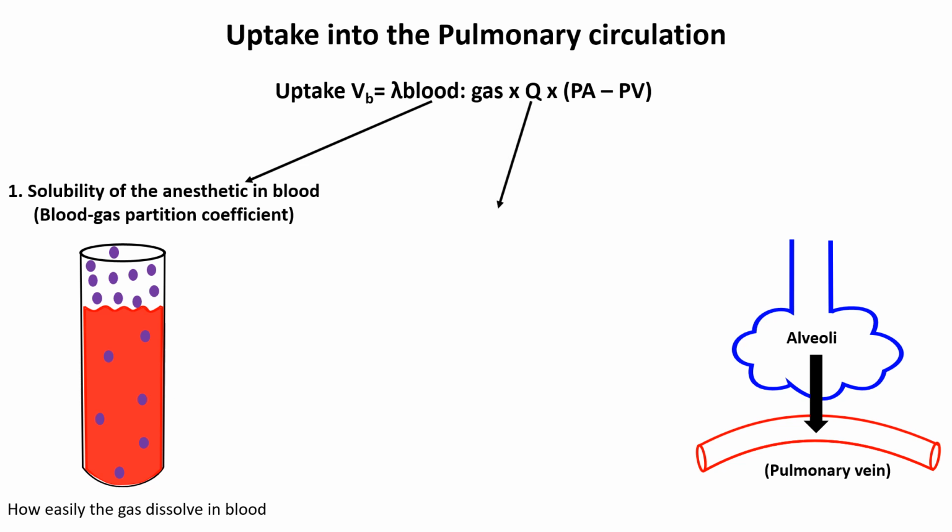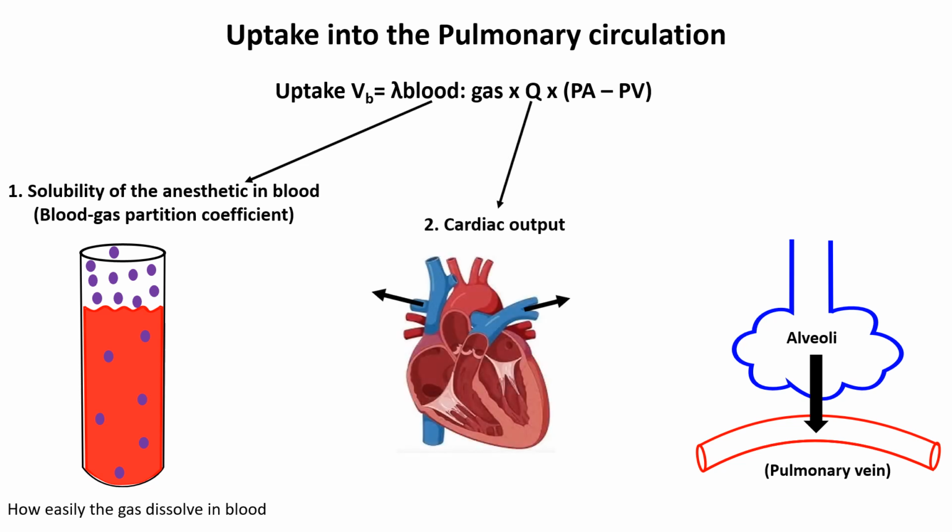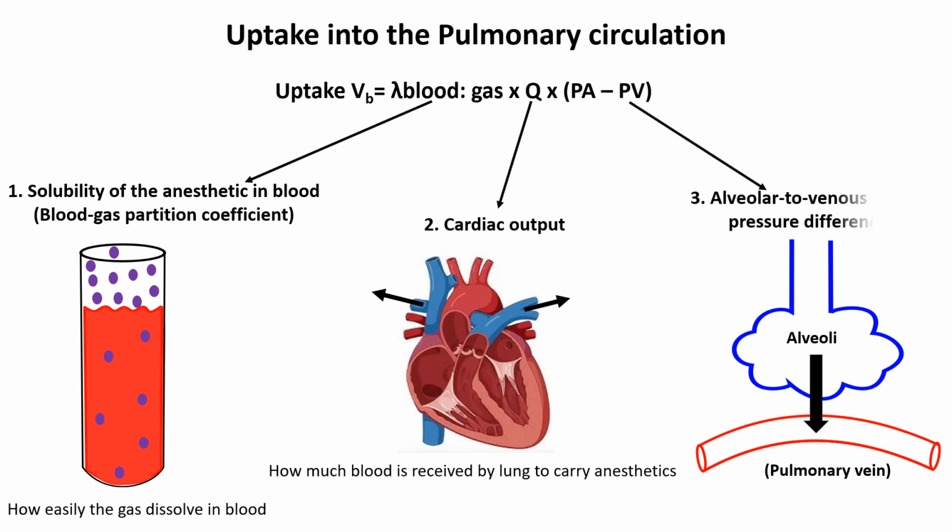Another important factor is cardiac output, which dictates the flow of blood through the pulmonary circulation and impacts how much anesthetic can be absorbed. Finally, the concentration gradient or partial pressure difference between the alveolar gas and the venous blood drives the diffusion of the anesthetic from the alveoli into the bloodstream.